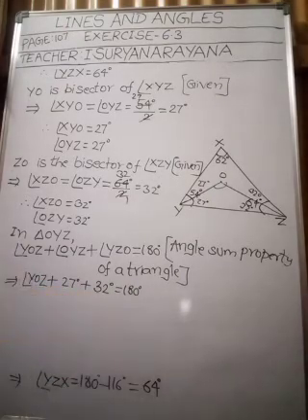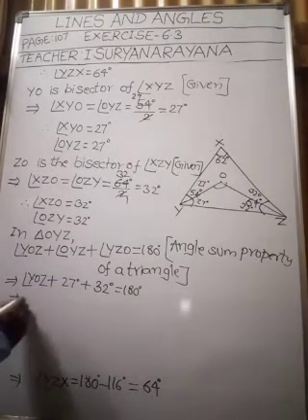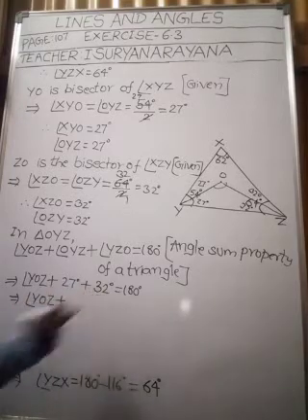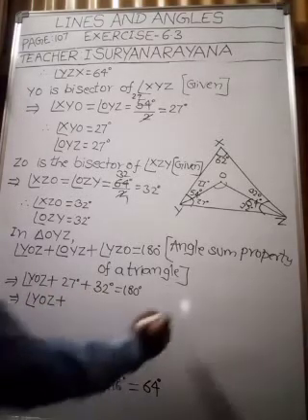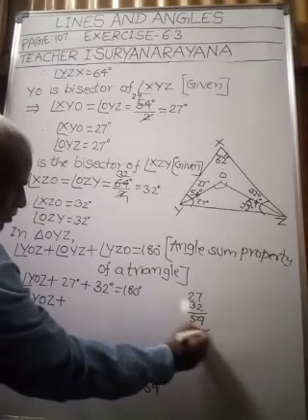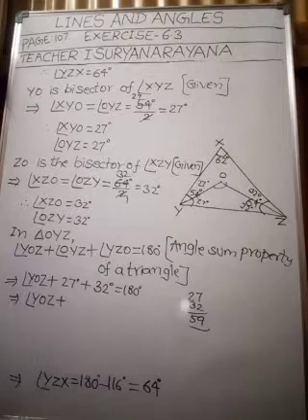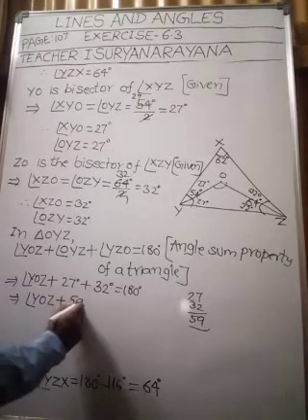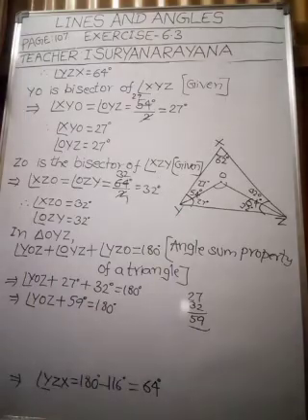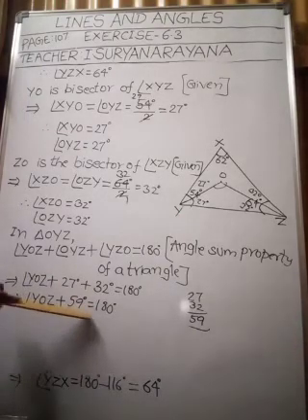Understood this step, my children? Right. Let us simplify these two numbers, 27 and 32. By adding these two numbers, what will you get? 59 degrees is equal to 180 degrees.